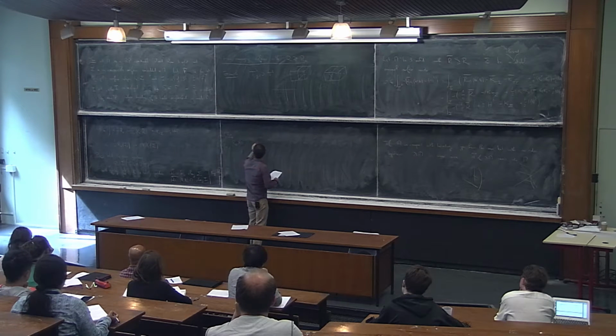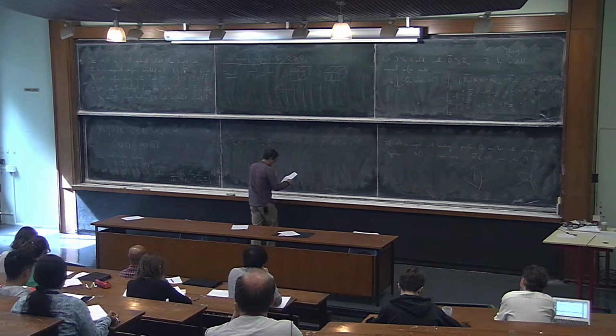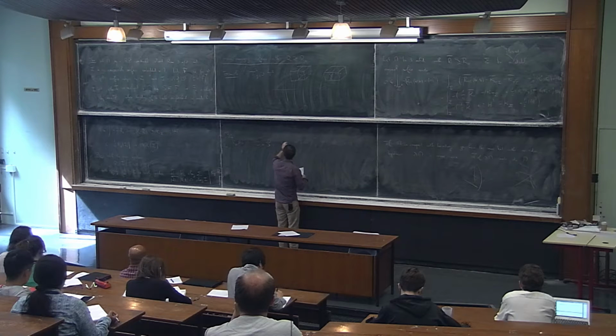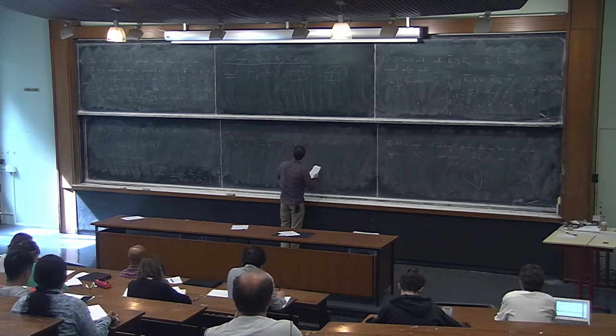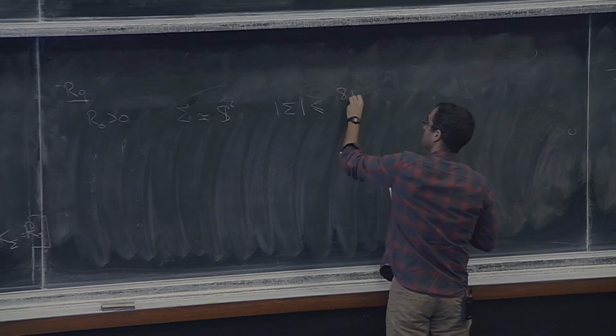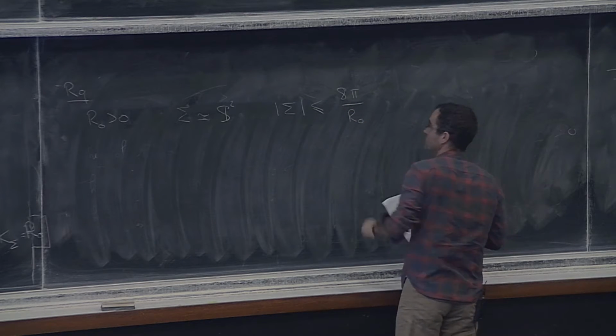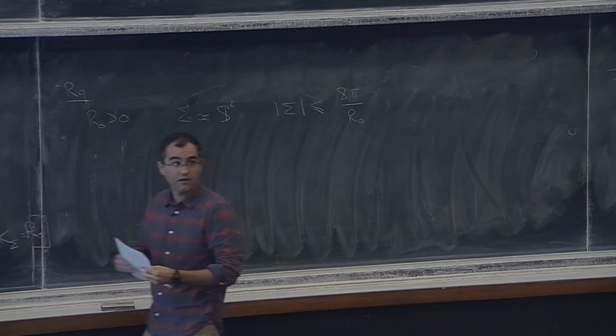So sigma is diffeomorphic to S2. And in fact, what you get is that the area of sigma is controlled by 8 pi over R0. So you get an upper bound for the area of sigma.